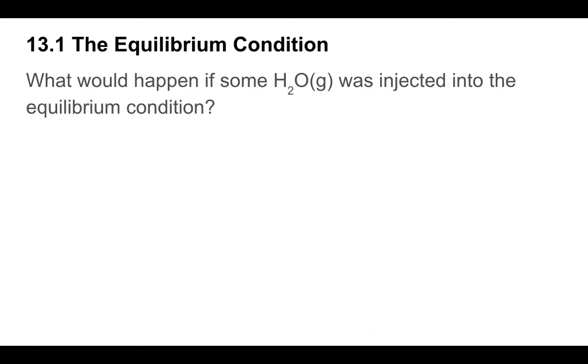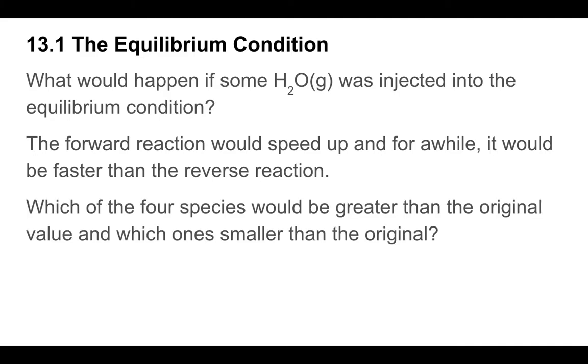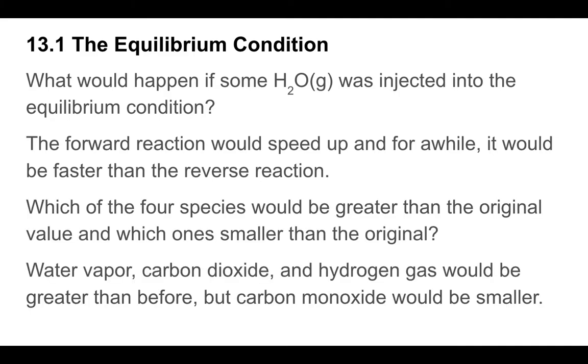But I would not expect the water vapor's concentration to decrease beyond or even down to the original value. We increased its concentration. It's going to go back down some as the reaction goes faster forward than reverse. But I would expect the water vapor after it's reached equilibrium again to still be greater than before we injected some water vapor.